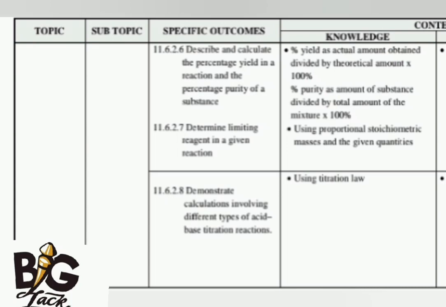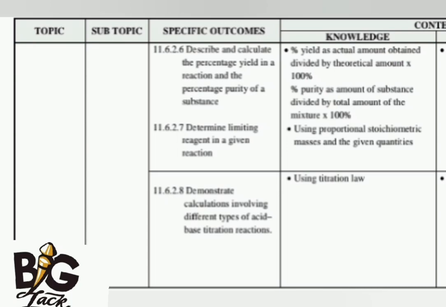They can ask you for the percentage by mass of sodium in sodium chloride: the mass of sodium over the mass of sodium chloride, multiplied by 100%, and then you find the answer.